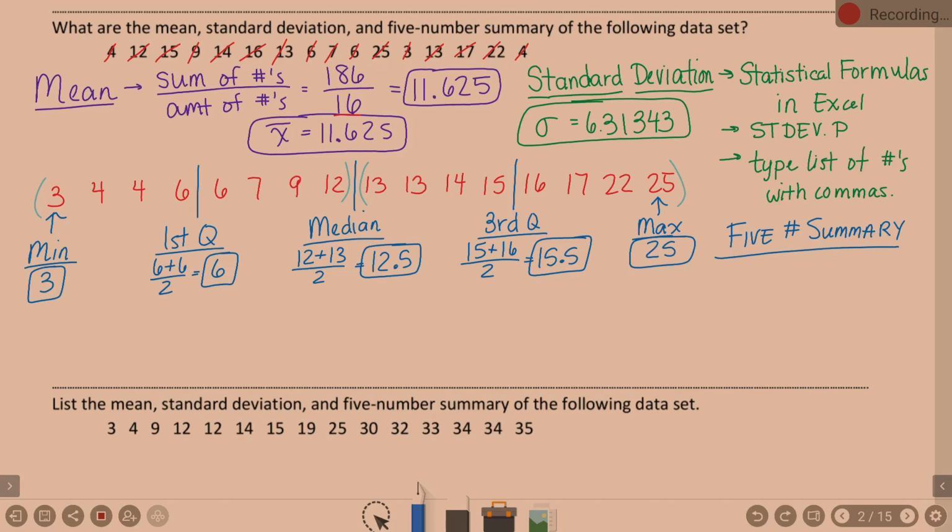In order from least to greatest, 3, 6, 12.5, 15.5, and 25. So when you type it into Savvas, type the numbers in order. Now, if you put them out of order, I think Savvas is probably going to count you wrong. I don't think they let you put them in just any order, but I could be wrong on that.